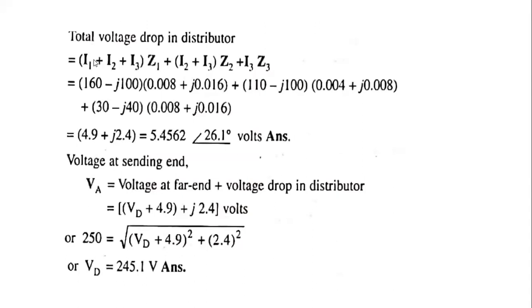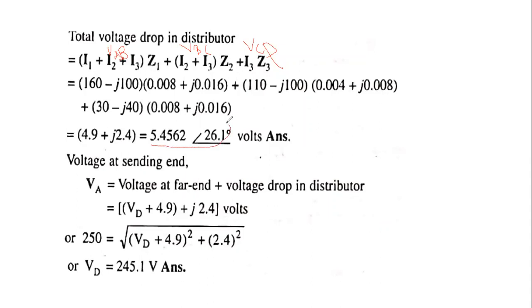Then the total voltage in the distributor: this is VAB, this is VBC, and next is VCD. The total is VAB plus VBC plus VCD.